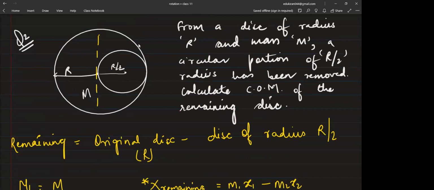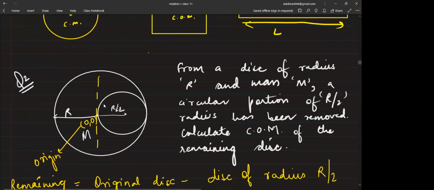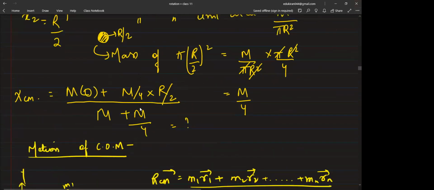For capital M, the bigger mass, this is exactly at the origin 0, 0. So that's why the first mass is M, X1 is 0. For M2, we have calculated the mass of this removed portion. This is M by 4 and its separation is r by 2. So M by 4, r by 2. So once you put it in this formula, see what are you getting?